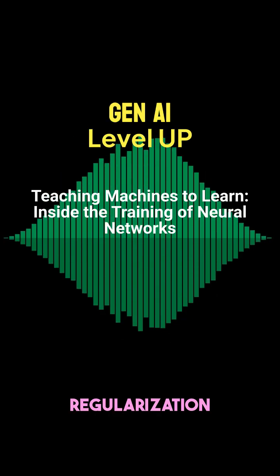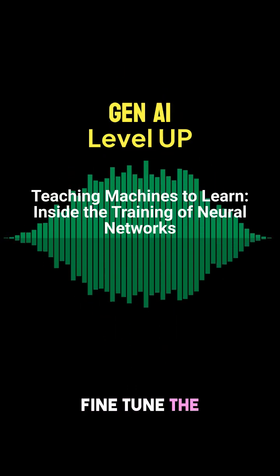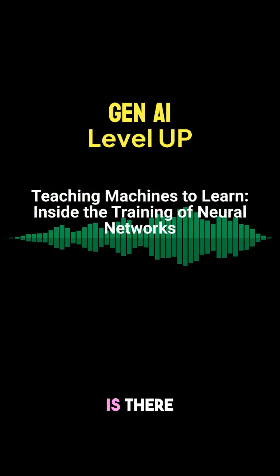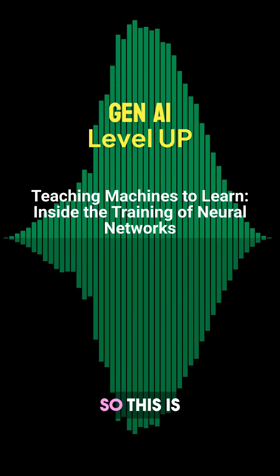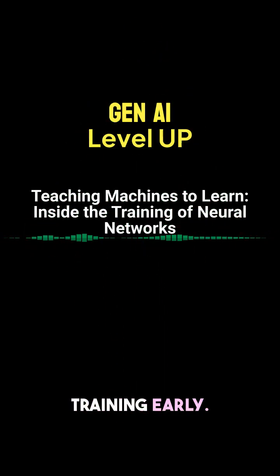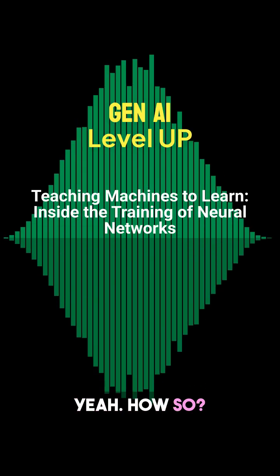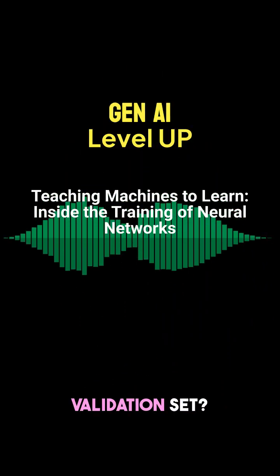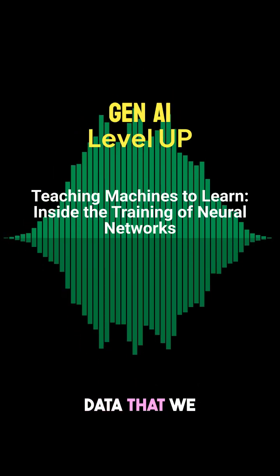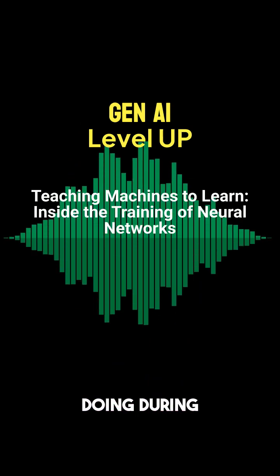I see. So these regularization techniques are very interesting. They really help fine-tune the learning process. Is there anything else? Well, there's also early stopping. So this is where we actually stop training early. We do, but we do it strategically. We monitor the network's performance on a separate validation set. It's a portion of the data that we set aside specifically for evaluating how the network's doing during training.